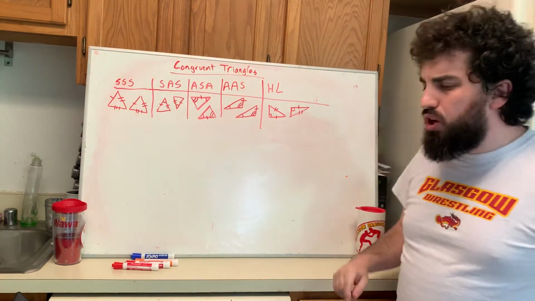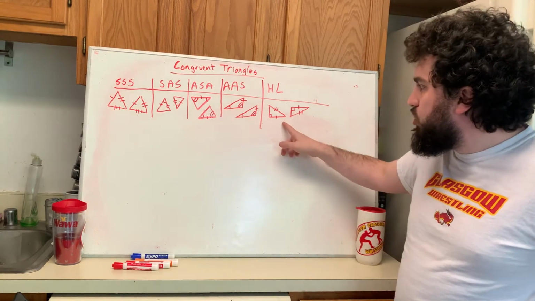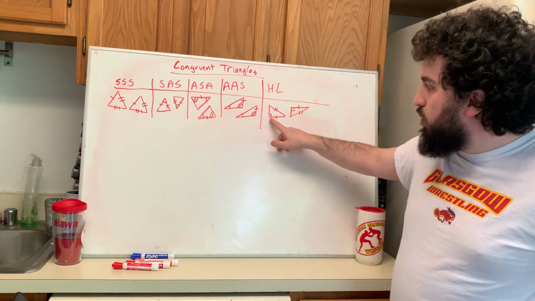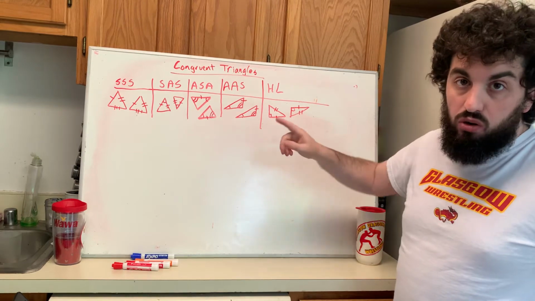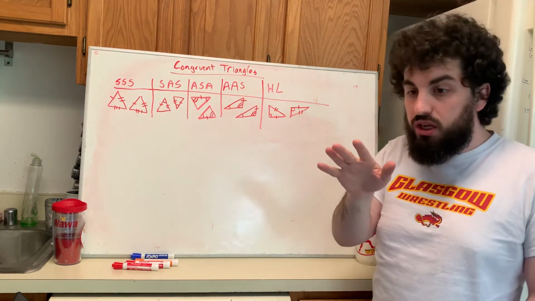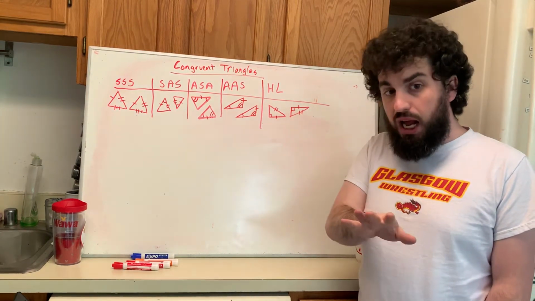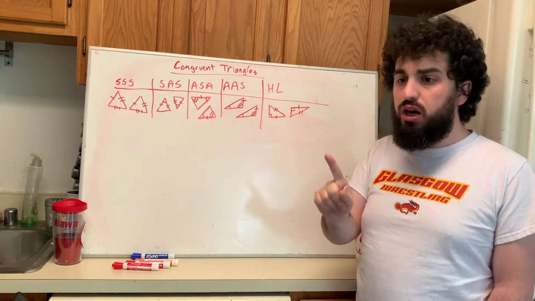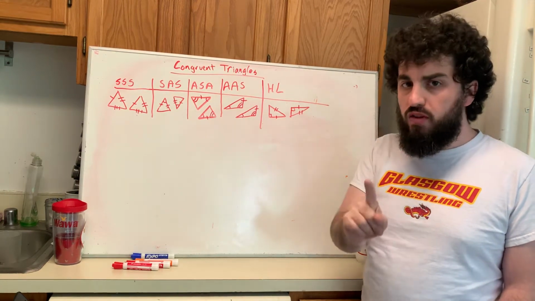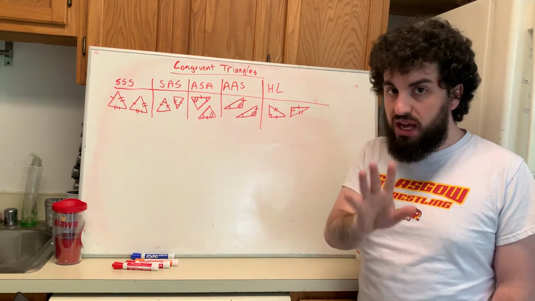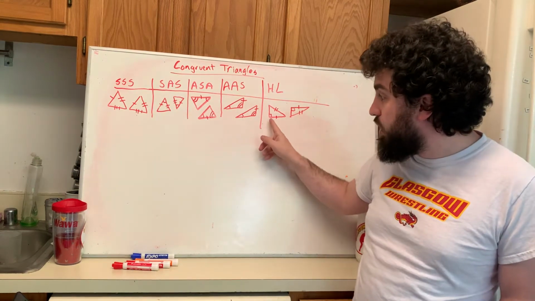The last one we're going to talk about briefly is hypotenuse leg. This all deals with the math involving right angles and right triangles, because right triangles are very particular. You'll learn more about that inside trigonometry.